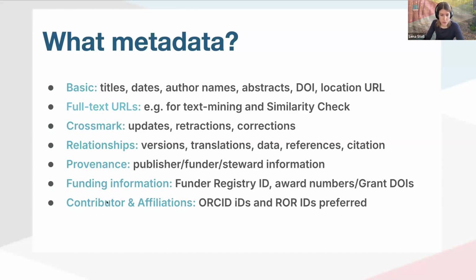And finally, what's really important for researchers is contributor and affiliation metadata. We encourage all of our members to collect ORCID IDs from authors when they submit works, and then register those ORCID IDs with Crossref, as well as affiliation metadata, for which we favor ROR IDs. ROR stands for the Research Organization Registry, which provides unique persistent identifiers for any research producing organization.